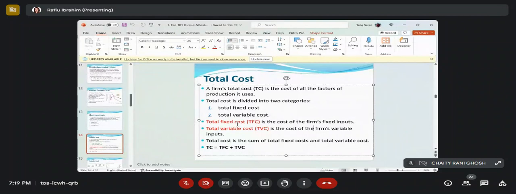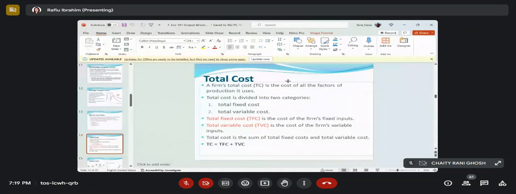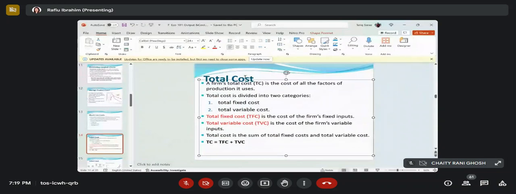So as the number of students increases, the number of faculties gets higher. So the number of faculties is actually a variable cost for Bragg University. Why? Because as the number of students increases, the number of faculties increases proportionally. That is why it is called variable cost.